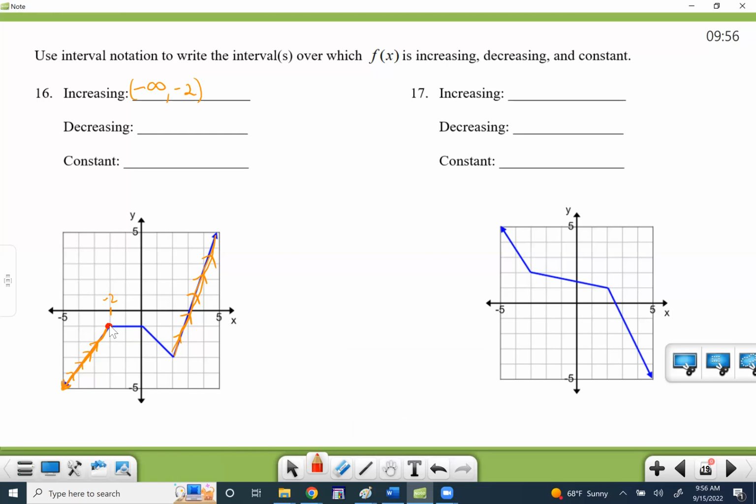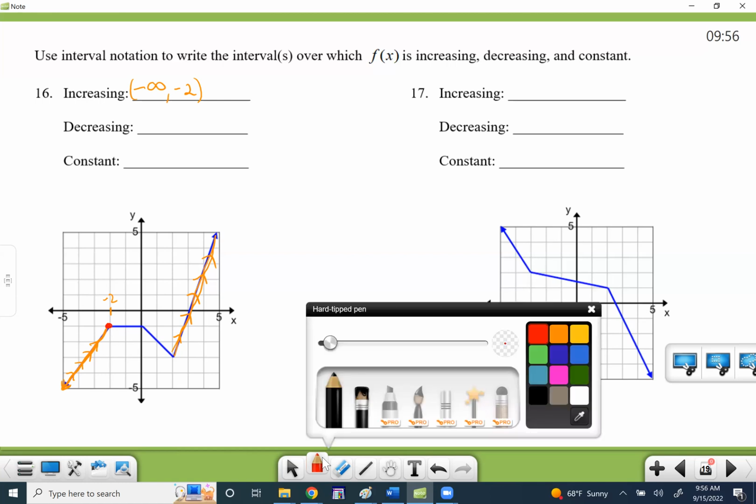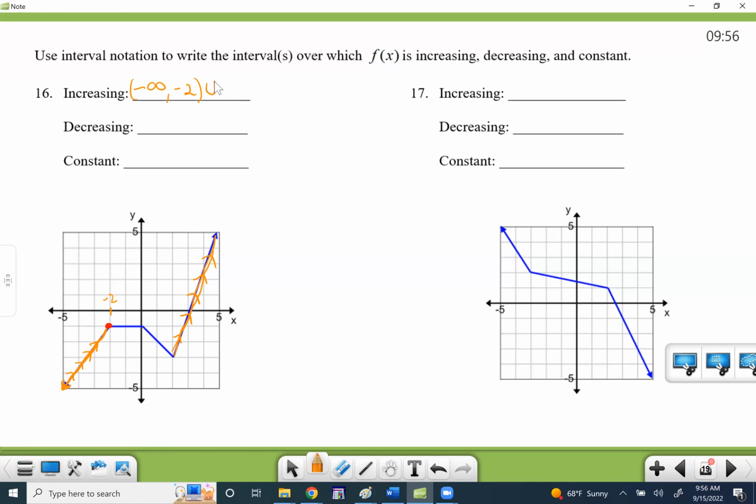And so I can't 100% say, yes, at that point right there, the graph is increasing. So I'm not going to include it. How do we show not including something? Parentheses. How do we show including it? Square brackets. So just note that all corners will pretty much always be using parentheses on these things, you guys.